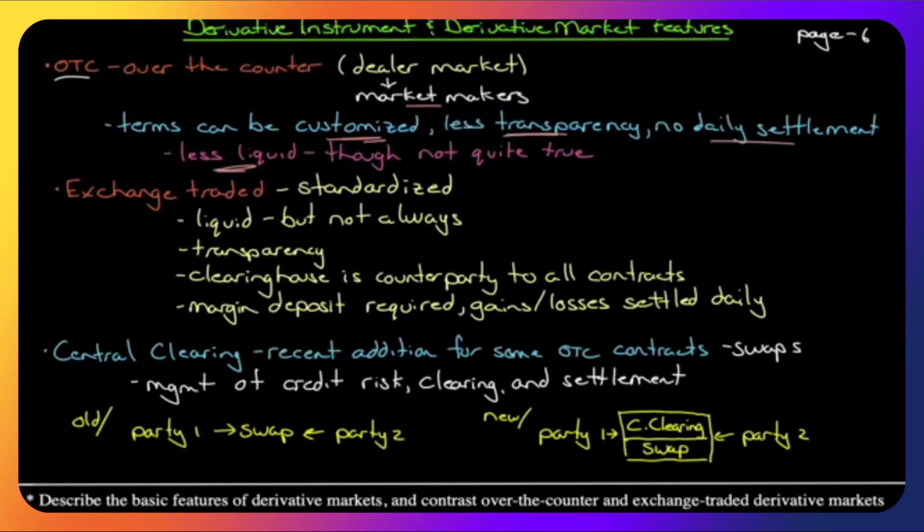You'll come across this statement that the OTC market is less liquid, though that is not quite true. If I want to contact a dealer to enter into a swap, if I agree at the fixed rate, I'm in. If I want to get out of the swap, all I do is contact the dealer and figure out what offsetting swap would negate the first one? And if I agree on the rate, it's done.